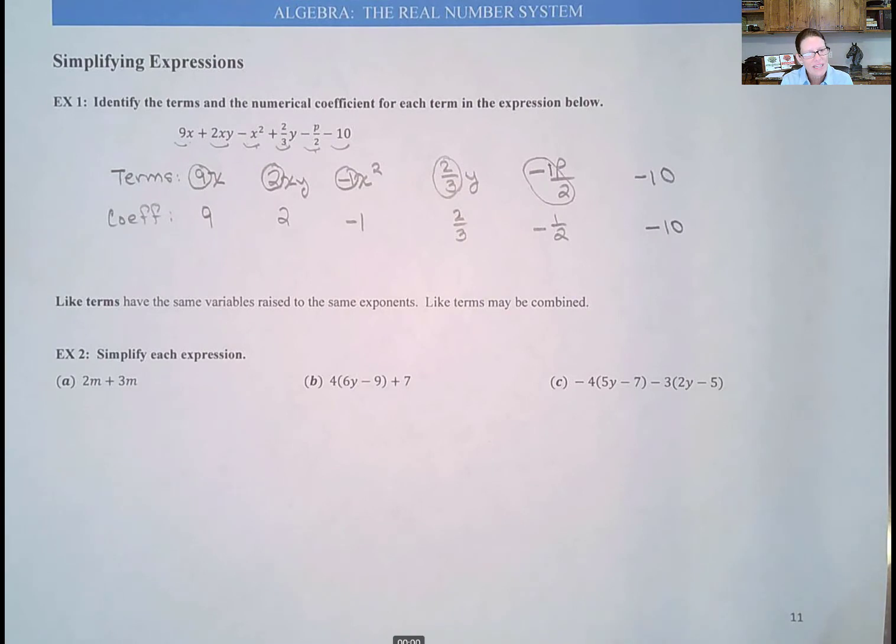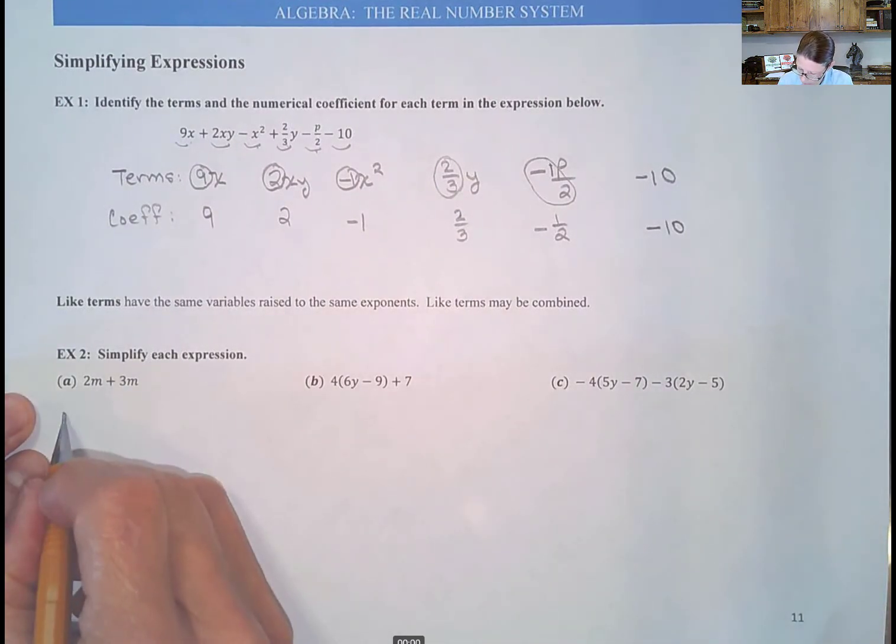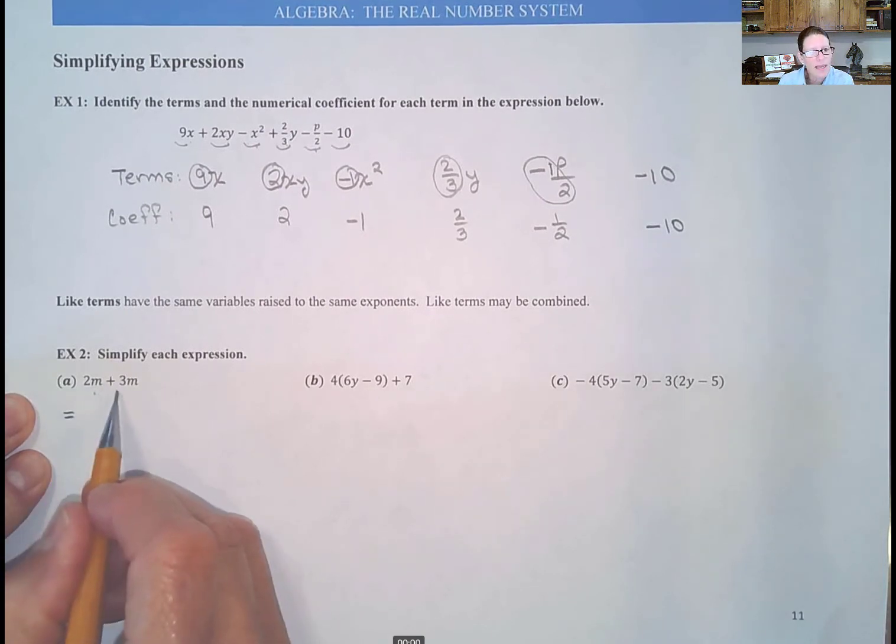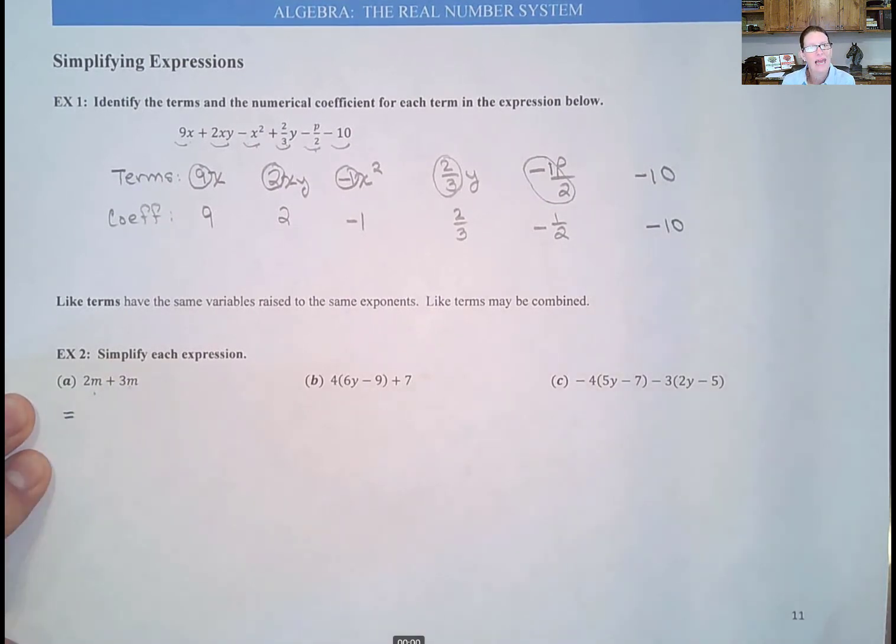Now, we say that like terms can be combined, and like terms have the same variables raised to the same exponents. For example, in part A, 2m and 3m are like terms. They both have the variable m to the exponent 1, or to the first power.